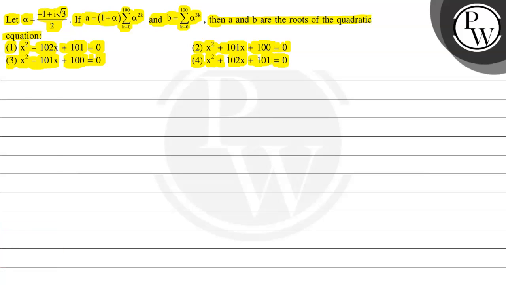Before starting the solution, let's note down the key concepts for this problem. The first key concept is: if omega belongs to the set of complex numbers and is a cube root of unity, then omega cubed is equal to 1.